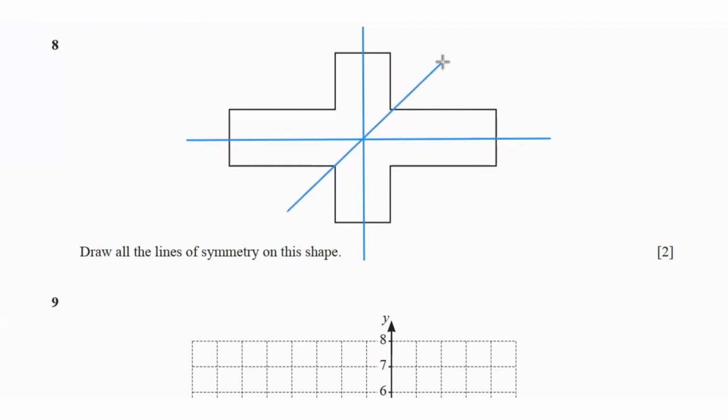If we draw this diagonal, that also equally divides the shape. And if we draw another diagonal, that also equally divides the shape. So we have 4 lines of symmetry for this shape.